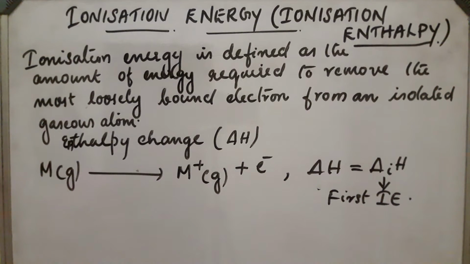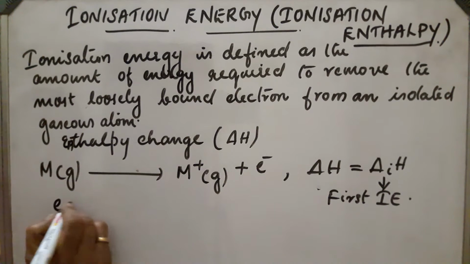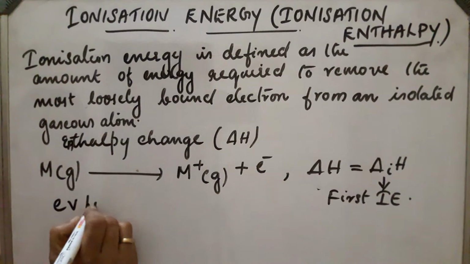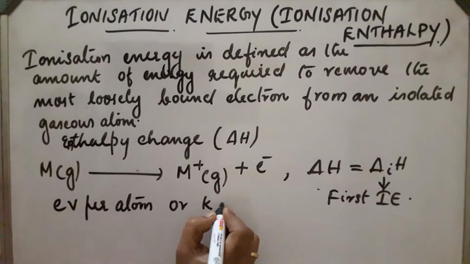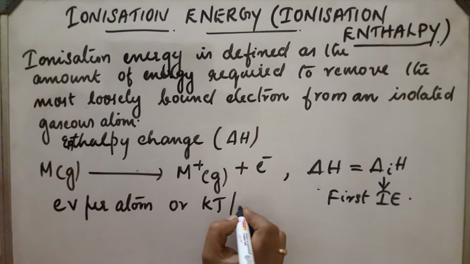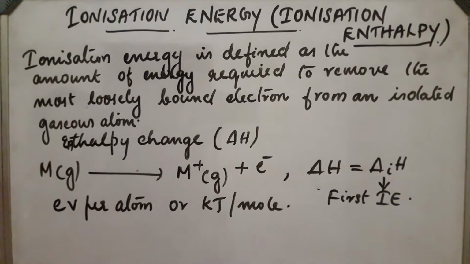This ionization energy can be measured in two units: electron volt per atom or kilojoule per mole of atom.